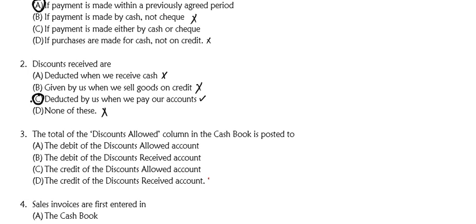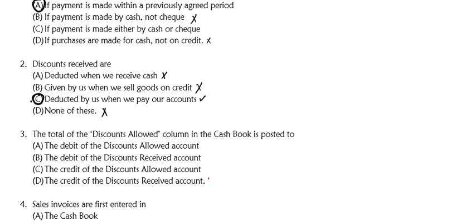So it's a reduction in the cost of the purchases that a buyer receives from the seller. But this reduction is always made if the buyer is going to pay before the due date. So they will always offer a discount. Those are the suppliers.